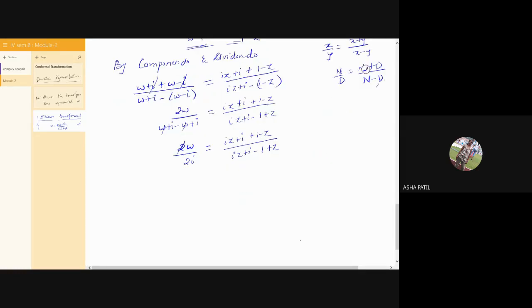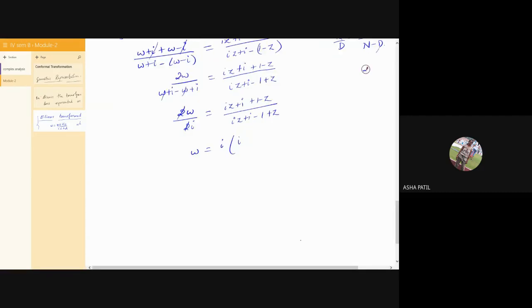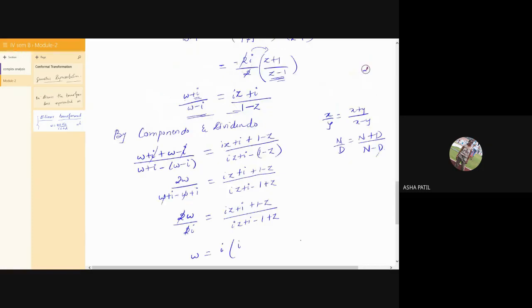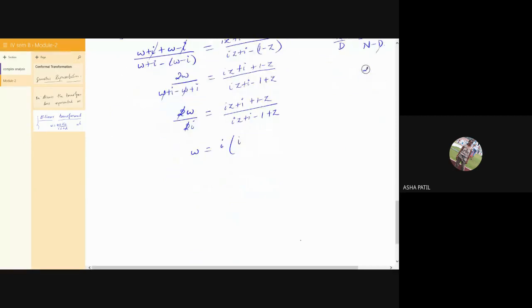Now, we can see that only W will remain on the LHS if you take this I to the other side. Have I written correctly? I is there in numerator and denominator both. What we have here, if you multiply by I, what does it give?